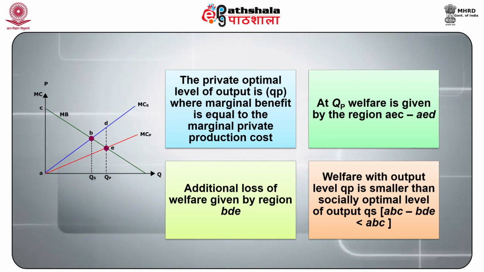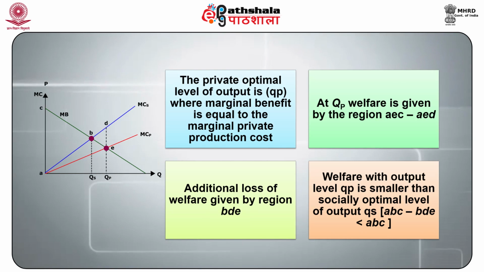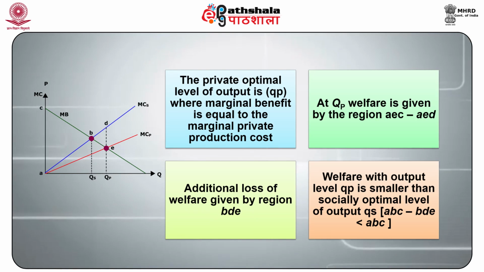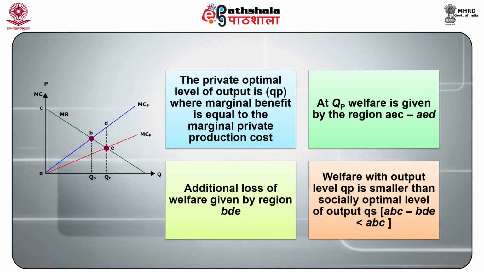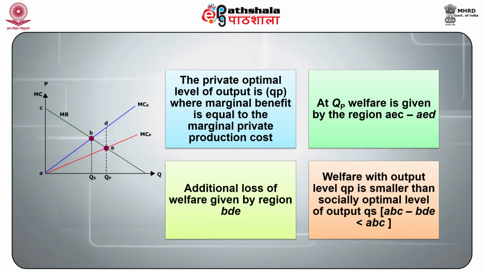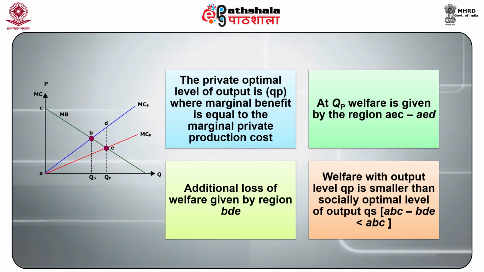The private optimal level of output is QP, where marginal benefit is equal to the marginal private production cost. At QP, welfare is given by the region AEC minus AED. It is interesting to observe that there is an additional loss of welfare given by region BDE in this case.